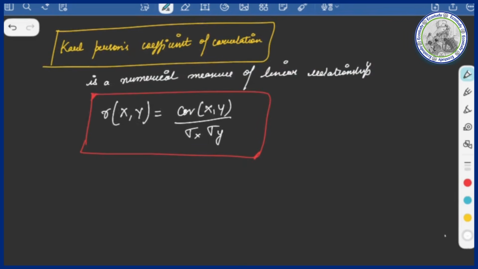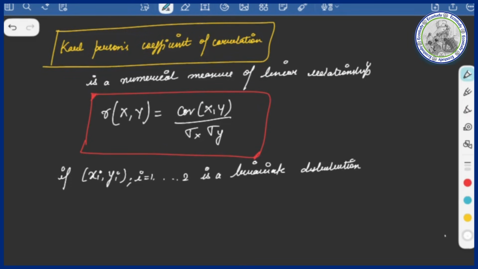Let me elaborate this formula. If xi, yi is a bivariate distribution with two variables x and y, how will you write covariance?